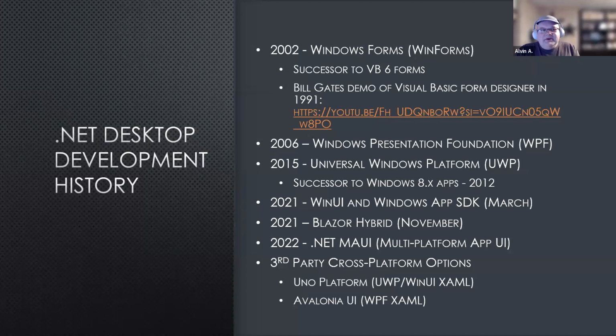We'll just skim over the Windows 8 stuff that happened in 2012. We had those full screen Windows 8 XAML apps. And then when Windows 10 came, that kind of evolved into the Universal Windows Platform, or UWP.